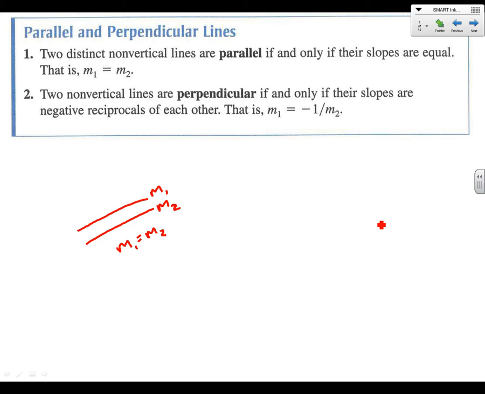Perpendicular lines form a right angle to each other. So whatever your slope is, if it's positive, this has got to be a negative, because the slope's going down, and it's the reciprocal. Opposite reciprocals are the key here for a perpendicular slope.